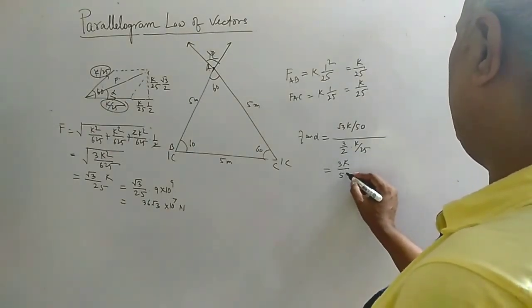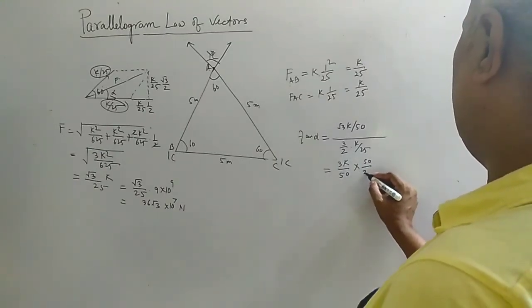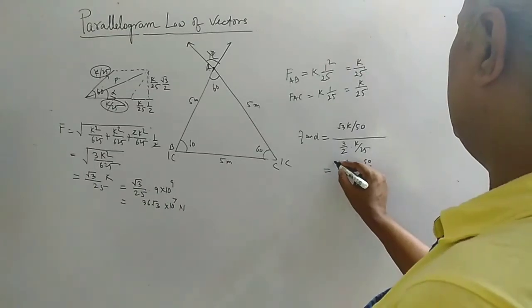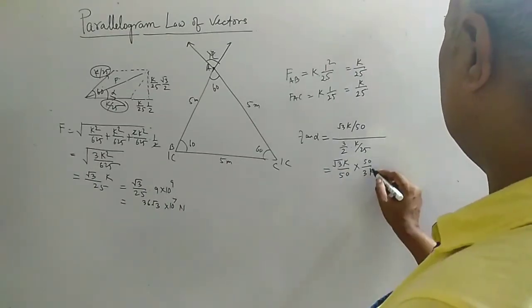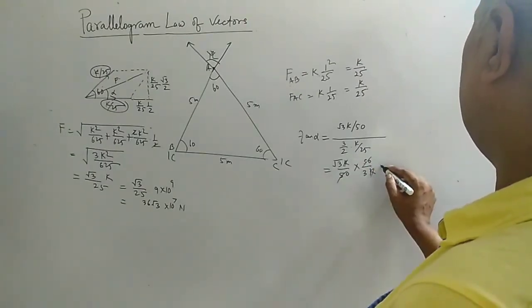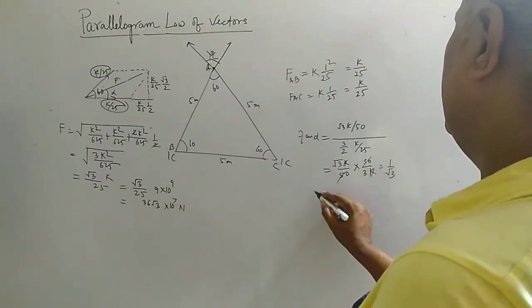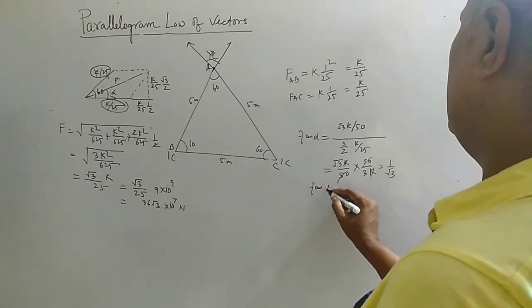3K over 50 times the reciprocal, 50 over 3K, that was root 3K. So the 3K and the 50 cancel, getting 1 by root 3. Now tan alpha is 1 upon root 3.